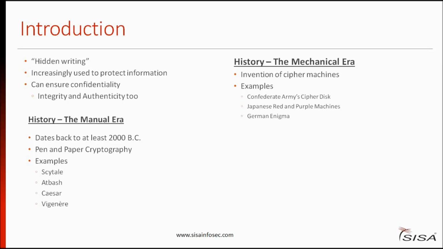Let me start with the history of cryptography. Cryptography dates back to 2000 BC, and in ancient Egypt it got initiated. The earlier cryptography methods included the Scytale. Scytale is basically a Spartan method involving wrapping a belt around a rod of a given diameter and length for hiding the message.